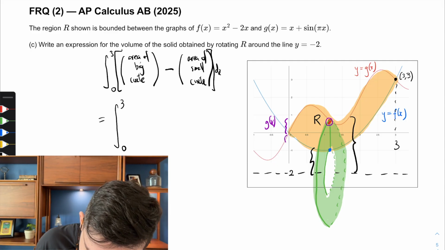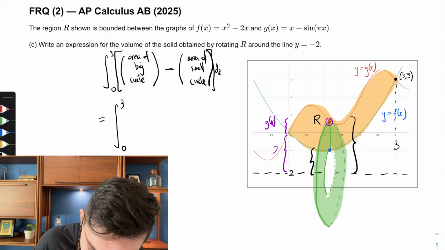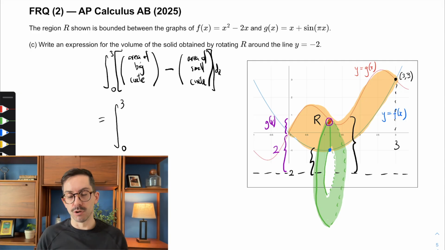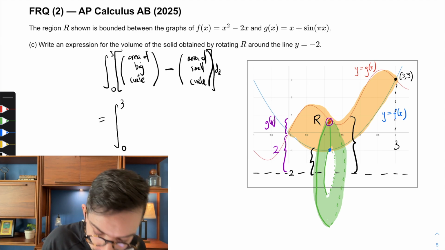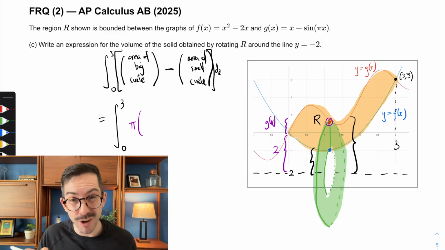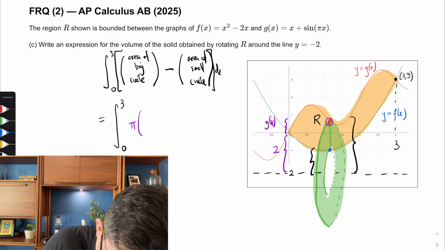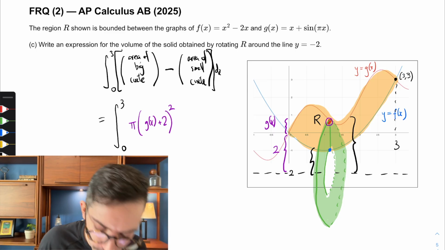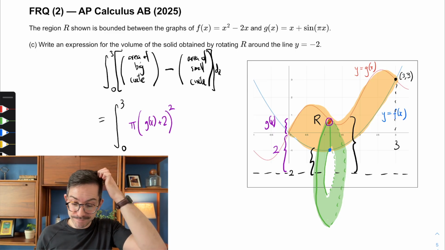And then the vertical distance I need to travel to get down to that horizontal line is 2. So the radius of the large circle is g of x plus 2, and the area is pi times that radius squared.